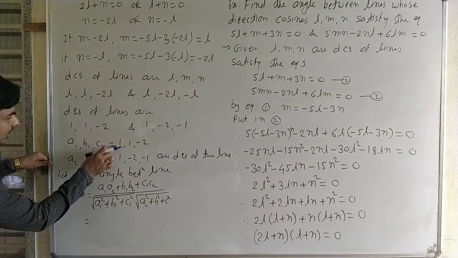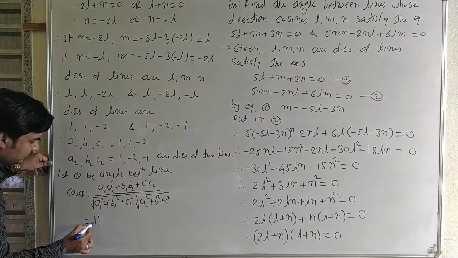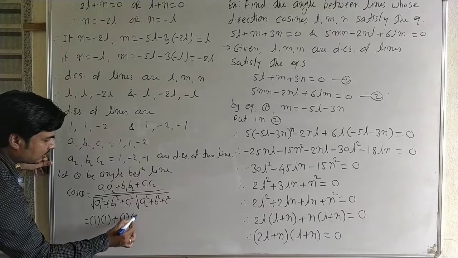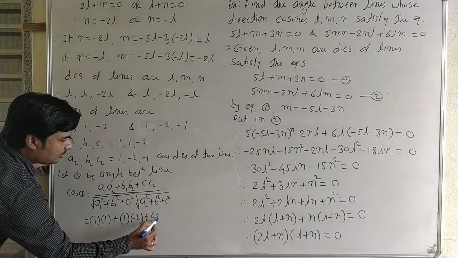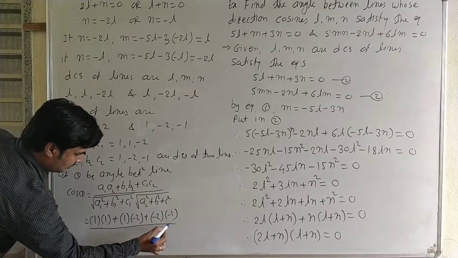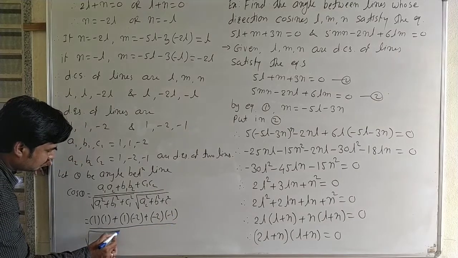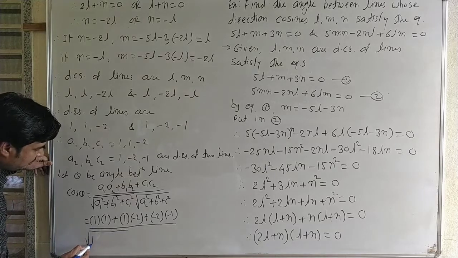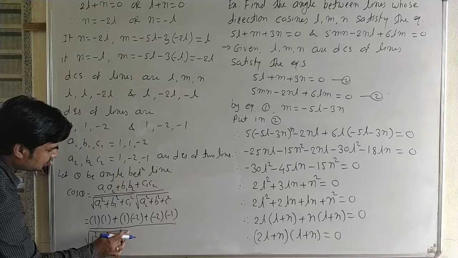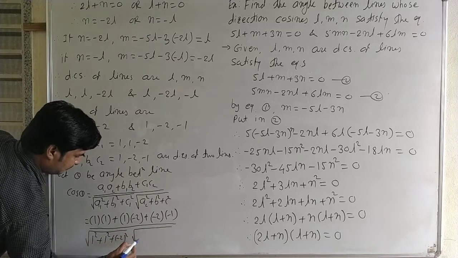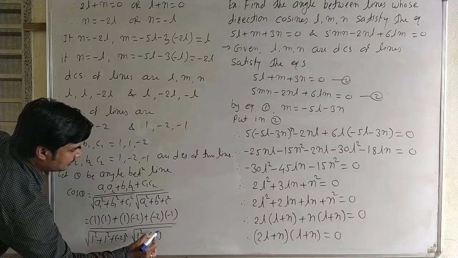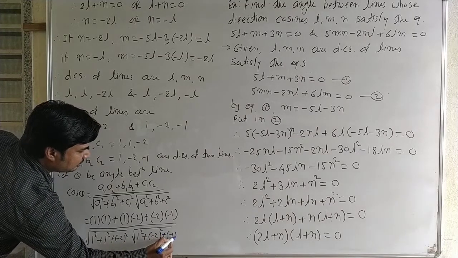Here we can write, 1 into 1 plus 1 into minus 2 plus minus 2 into minus 1, whole upon under root of 1 square plus 1 square plus minus 2 square into under root of 1 square plus minus 2 square plus minus 1 square.